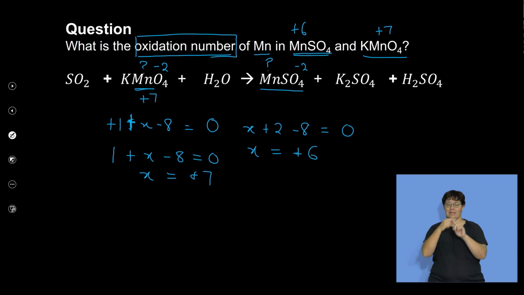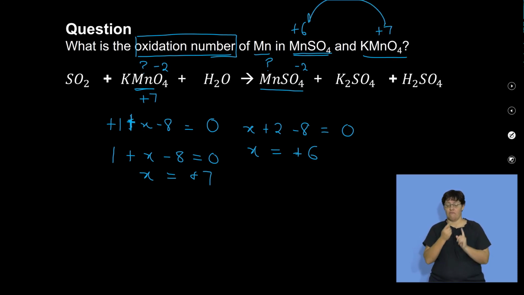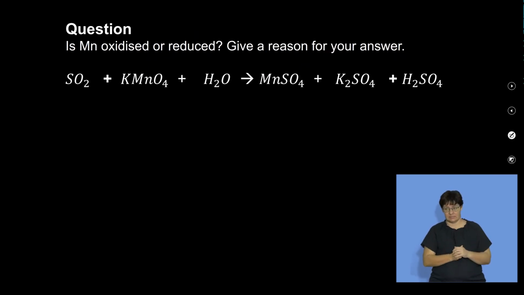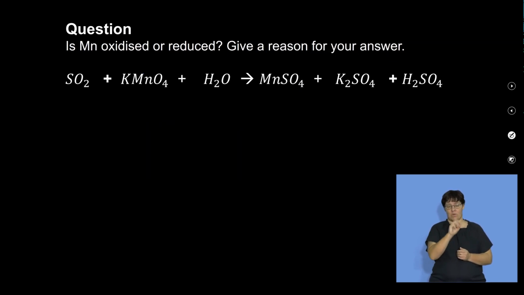So what has happened to manganese in this case? It has gained electrons because it changed from plus 7 to plus 6, according to the equation of the reaction. Now, is manganese oxidized or reduced? We agreed that in potassium permanganate manganese is plus 7, but in manganese sulfate it's plus 6.